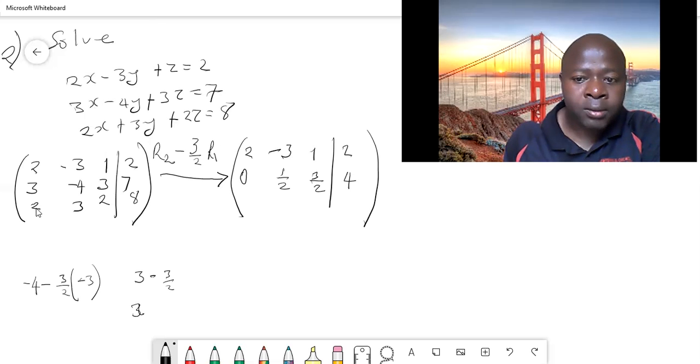We come to the third row and we want a 0 in this position. This one is easy because we just need to subtract row 1 from row 3, for the entire row. So we have row 3 minus row 1.